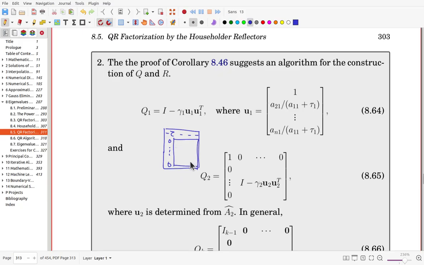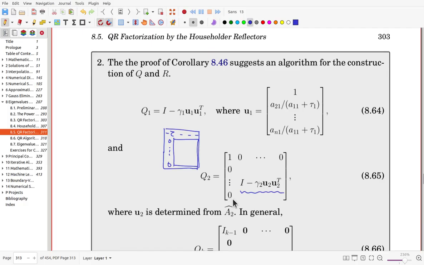For this part, we focus only on this part, and we can formulate this reflector exactly the same way as for Q1. But now we have to match the dimension, so we put here 1, 0, 0, 0, 0.